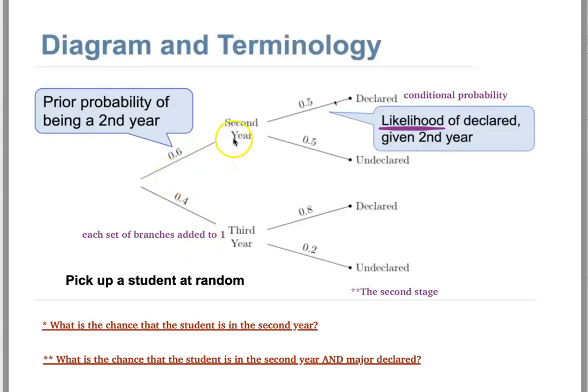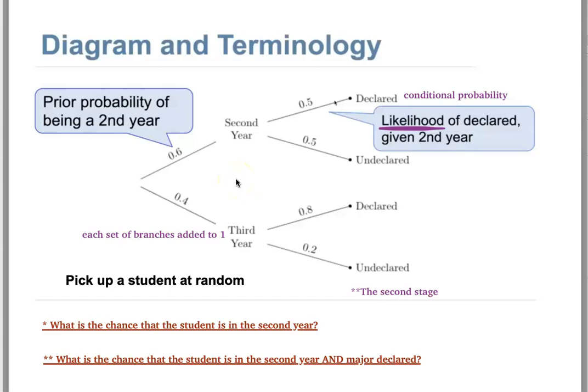But among the second year and third year students, they have other ratios for other information. In our tree diagram, remember, we can expand each branch and continue with more branches. But each set of branches you spread out has to add to 1, because remember, we want the probability to total 100%.